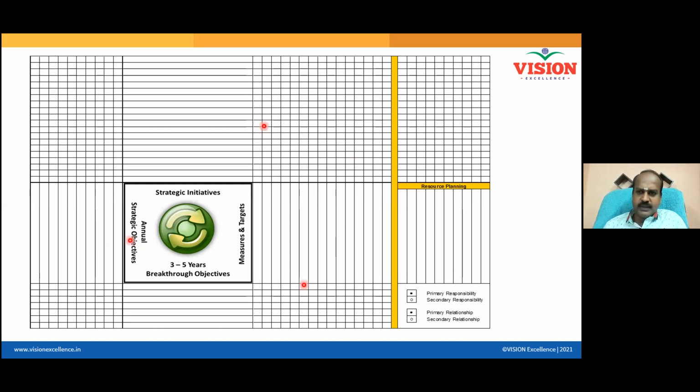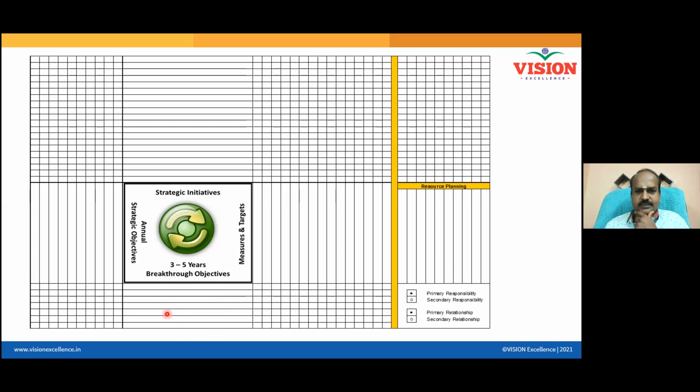And you see, this is the tool, and it is nothing but an Excel template. You can imagine this area is meant for your strategic breakthrough objectives, what your organization wants to achieve over 3 to 5 years.